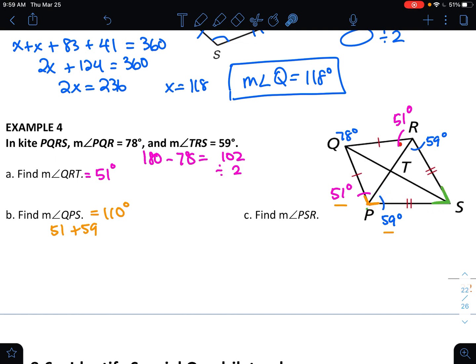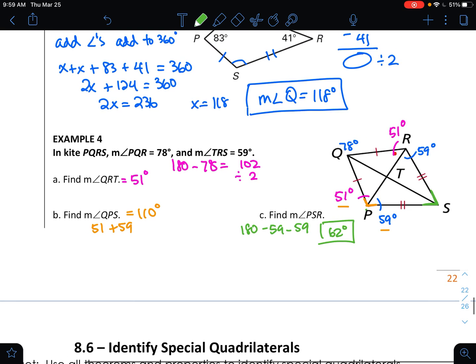Or I got a triangle over here. 59, 59, what's left over out of 180? So I might do that one. So I might do 180, take away 59, take away 59. So 180 minus 118 is 62 degrees.